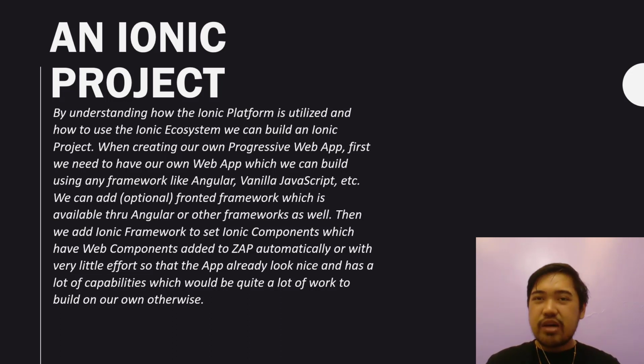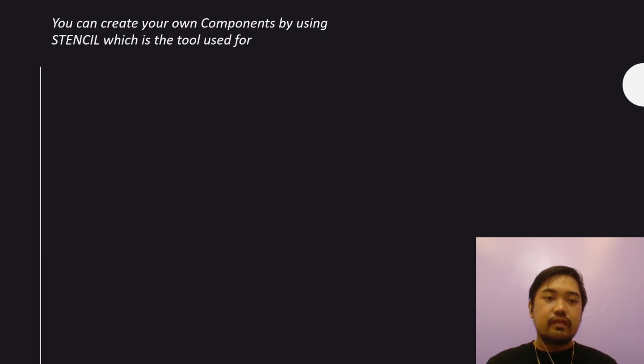Kasi kapag once na meron kang mga login or meron kang nilalagay na sensitive information, dapat tinetest yun using penetration test. So, automatically recognized na siya ng ZAP. And then, with very little effort, the app already looks nice and has a lot of capabilities, which would be quite a lot of work kung tayo mismo yung gagawa.